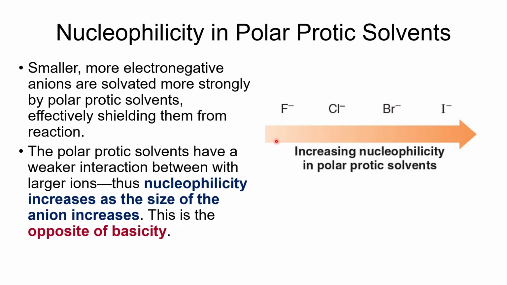As these get less basic, they become more available to do nucleophilic reactions. So nucleophilicity increases as the size of the anion increases, and this is the opposite of basicity. The small anions interact very strongly with water and end up not being very good nucleophiles. The bigger anions interact very weakly with the water, and so they end up being very effective nucleophiles.